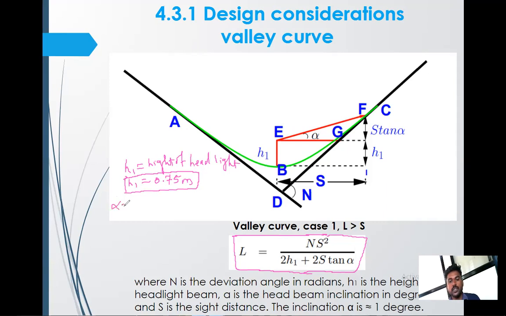And alpha is equal to headlight beam angle, and it is taken as 1 degree.